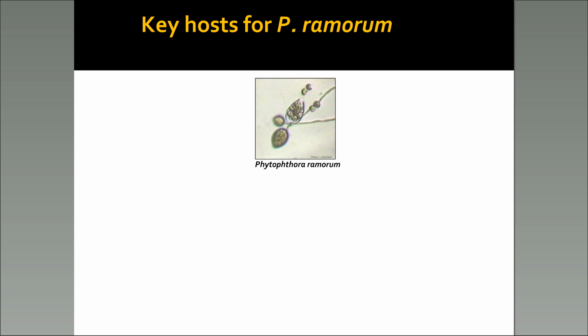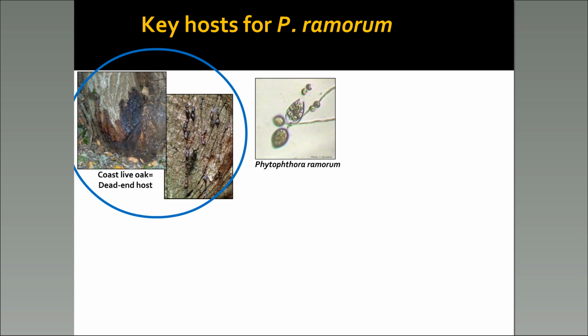These spores are formed in wet environments, and Phytophthora ramorum is mainly aerially spread during rain events and wind. So some of the hosts that are important in the epidemiology of this pathogen: coast live oak.